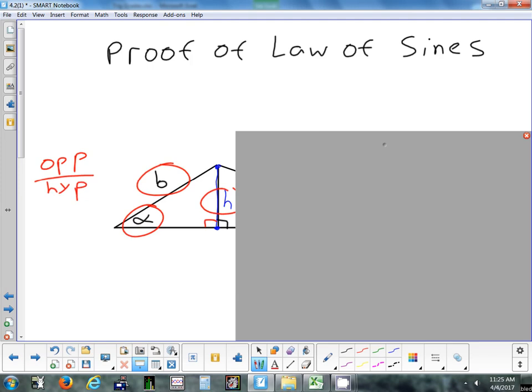So what trig function would involve opposite and hypotenuse? Yeah, sines. Has to do with the law we're going to learn. So the sine of your angle equals, what side is opposite? h. And what's the hypotenuse there? b.